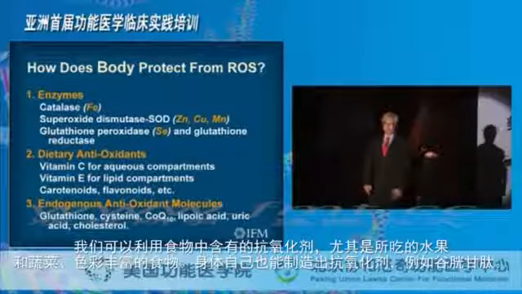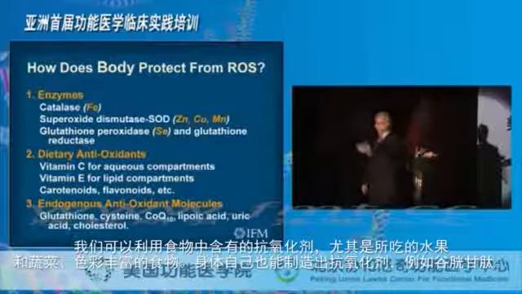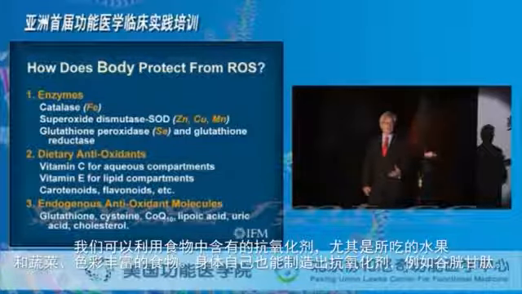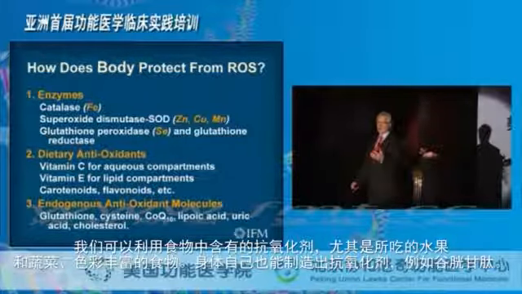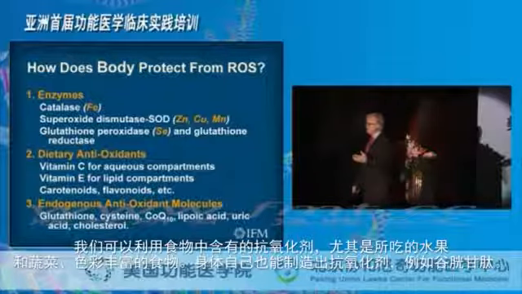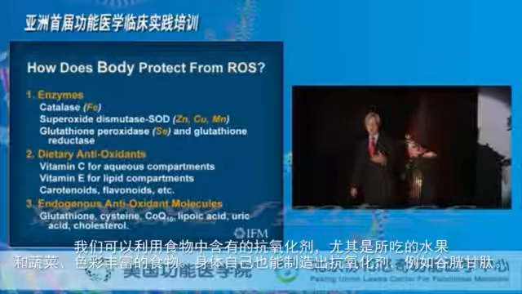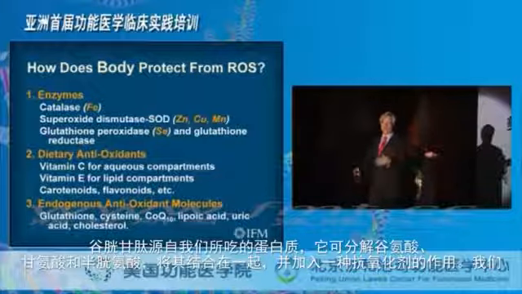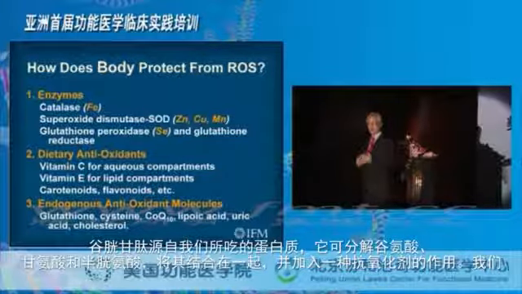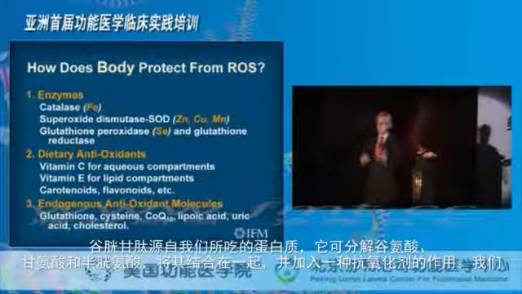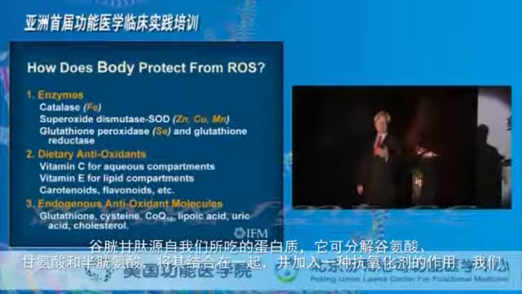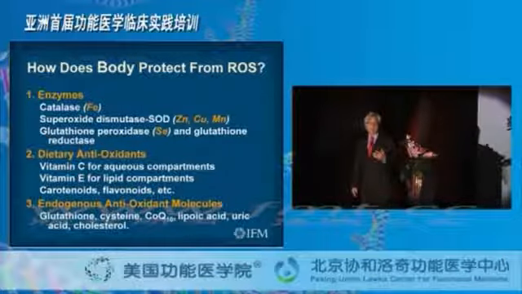We can use antioxidants such as we find through our foods, especially in the fruits and vegetables that we eat. Foods that are rich in color. And then our body is able to produce antioxidants as well, like glutathione. Glutathione comes from the protein that we eat. It breaks down glutamine, glycine, cysteine, puts them together, and acts as an antioxidant.